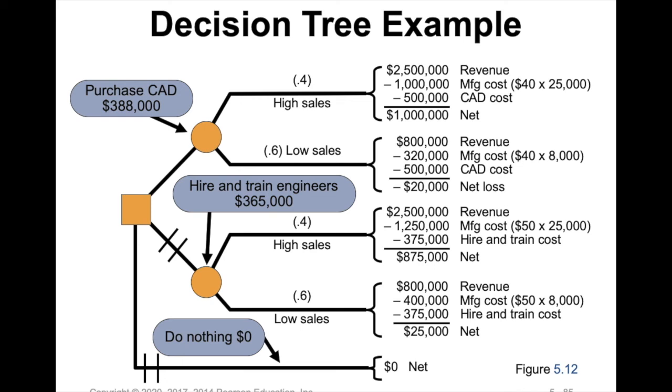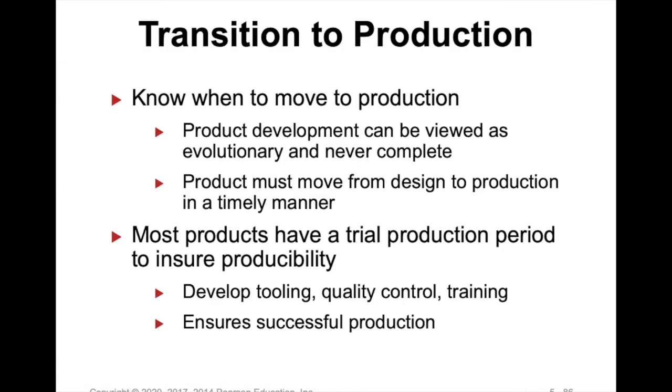So you tengok the highest tu lah, the highest is 1 million compared to yang bawah tu untung 875,000 ataupun 35,000, ataupun you got when you do nothing is 0. So these two options are being left out ataupun being trashed lah. So that's how you do the example.